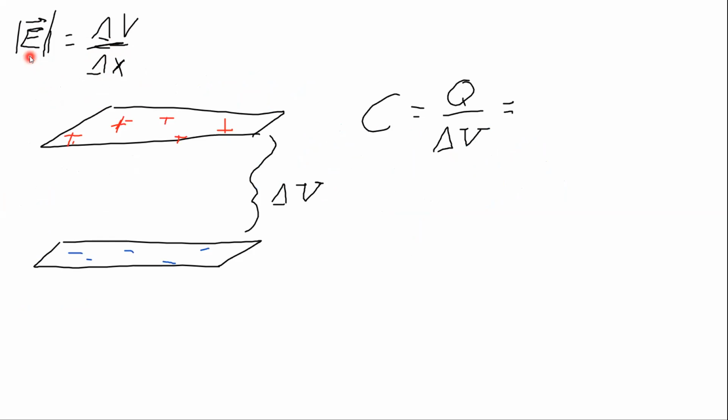In our parallel plate capacitor, the distance I'm talking about is this distance right here, which I'll call D. So I get change in voltage equals E times D.